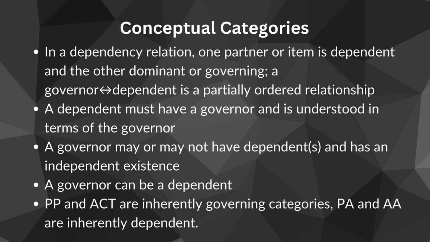Propositional phrases and actions inherently assume governing roles in sentences, framing the context for other elements, while path abstraction and action abstraction are inherently dependent, relying on other elements, particularly governors, to provide context and meaning.